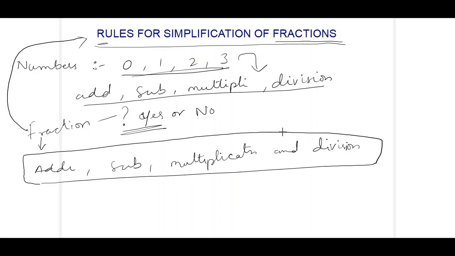Before performing, we need to keep in mind some simplification rules, as a fractional number is in the form of numerator and denominator. Okay, let's proceed with the rules.